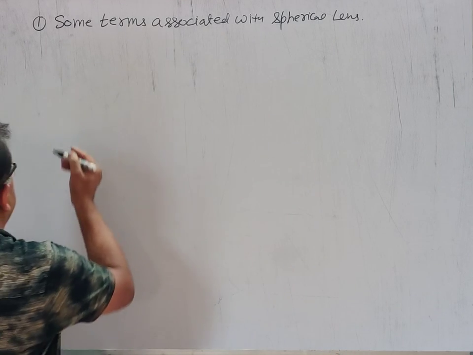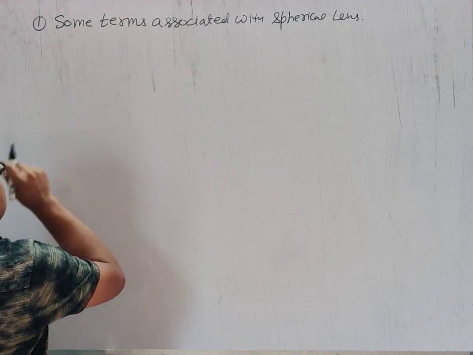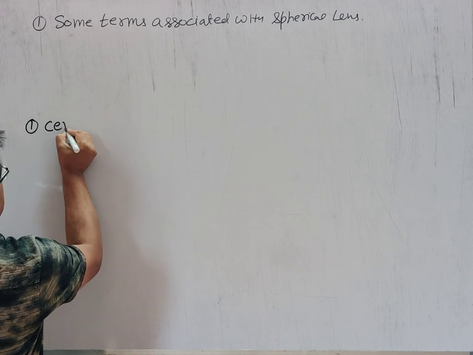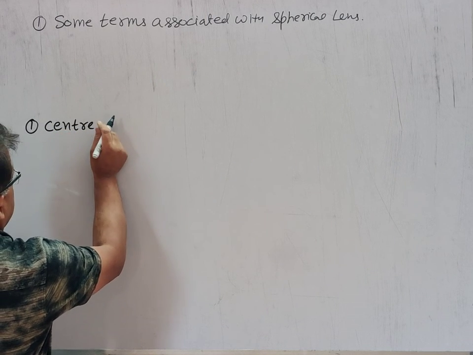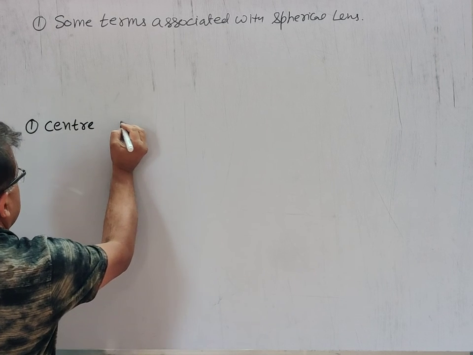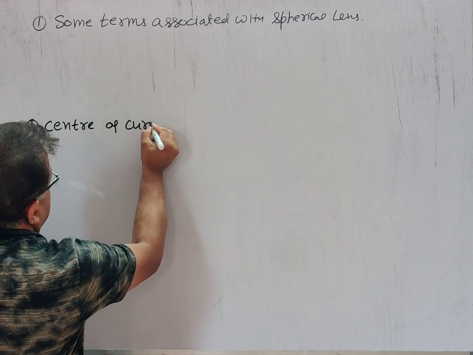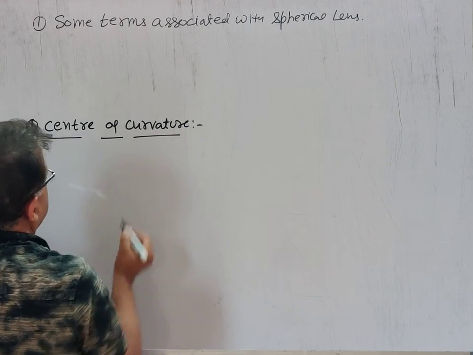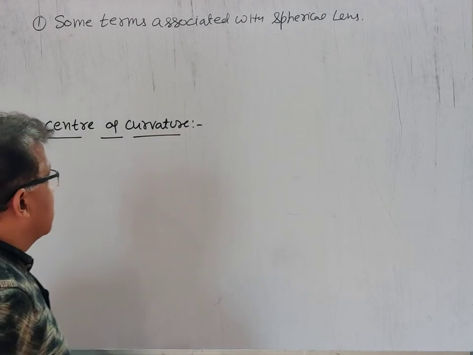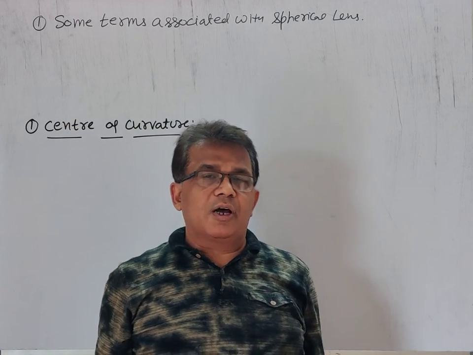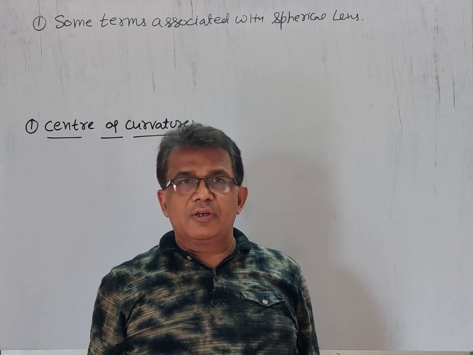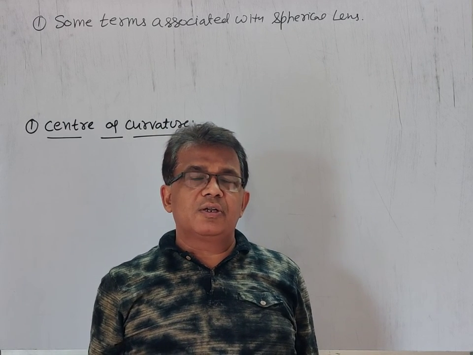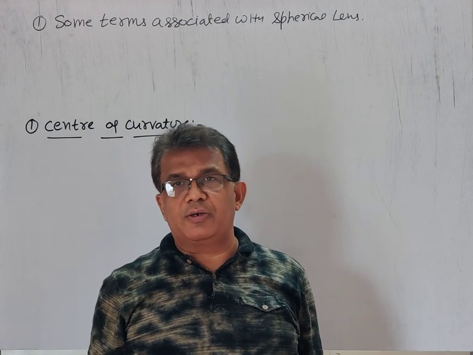So first is center of curvature. We know spherical lenses are made up of two surfaces, and center of curvature is the center of the sphere of which the lens or surface of the lens is a part.